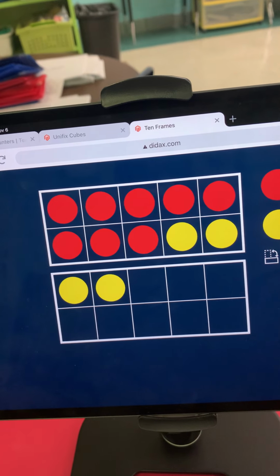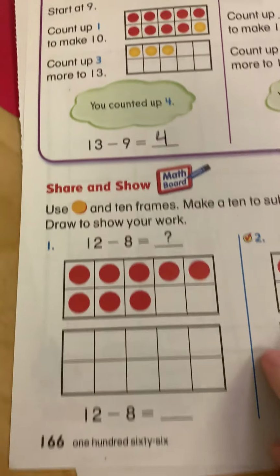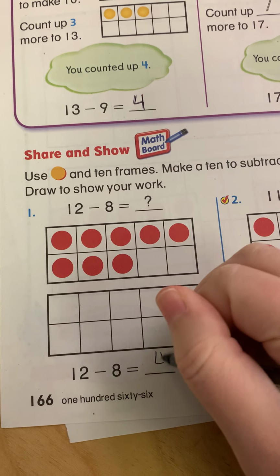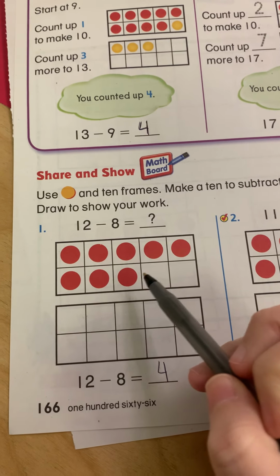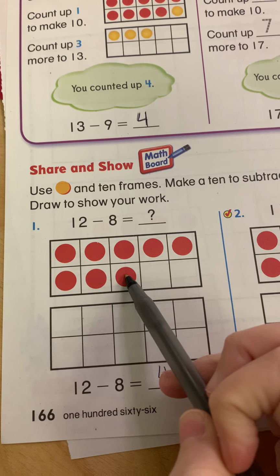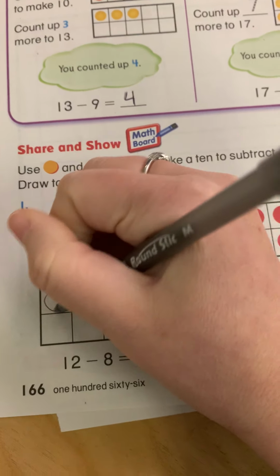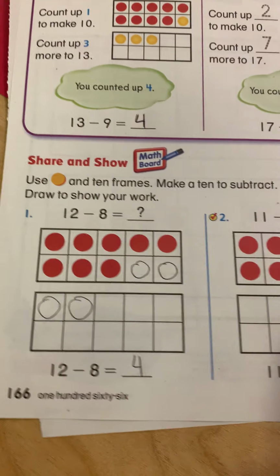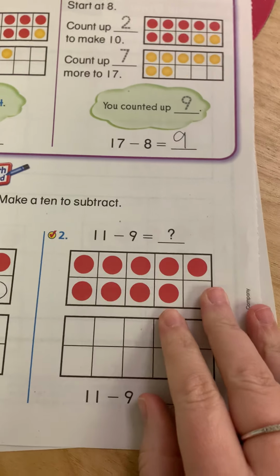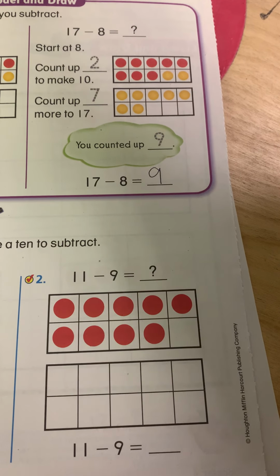Then go back and count your yellow. 1, 2, 3, 4. So that tells me that 12 minus 8 is 4. Okay, remember you have to show it on here. So what we did, we had 8 and we counted up to 12. So this was 8, 9, 10, 11, 12. Okay. Press pause and try number 2 and then press play to check your answer.